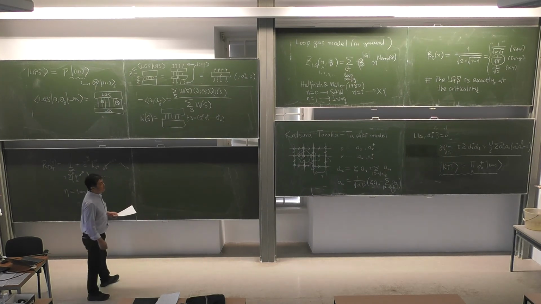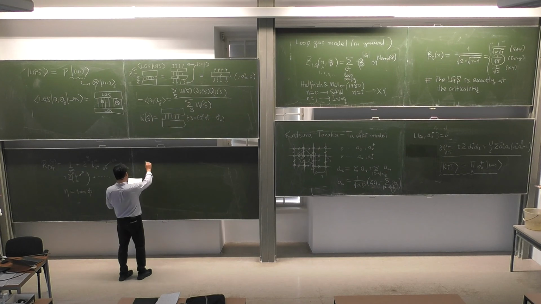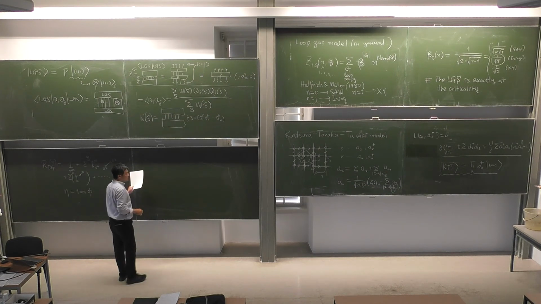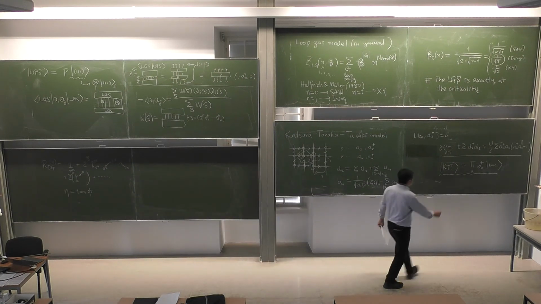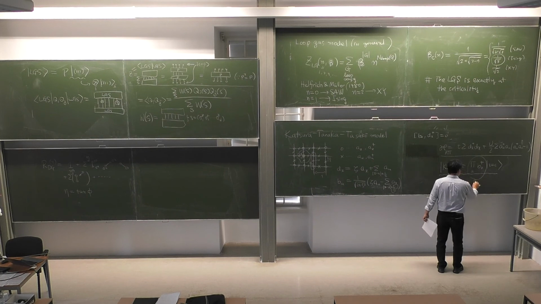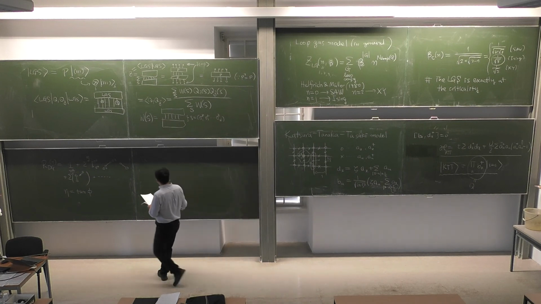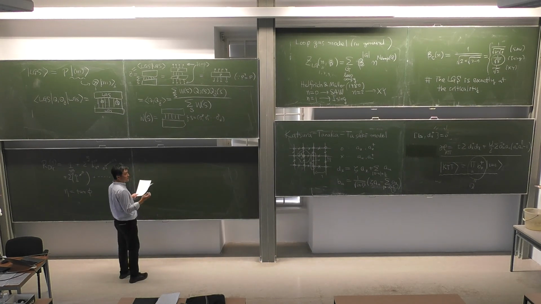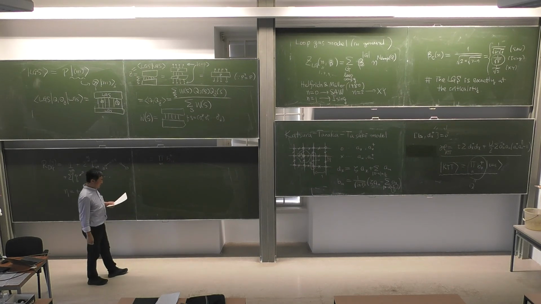And actually, it is also easy to obtain the tensor network representation of this state. Basically, we can express this Q operator. Let's call this Q. Then Q can be easily expressed as a tensor network operator. So basically, by definition, Q is a product of all B operators.